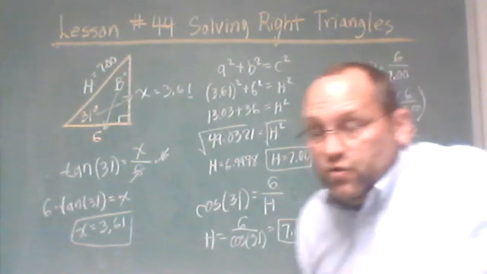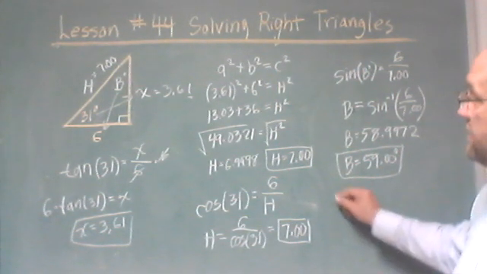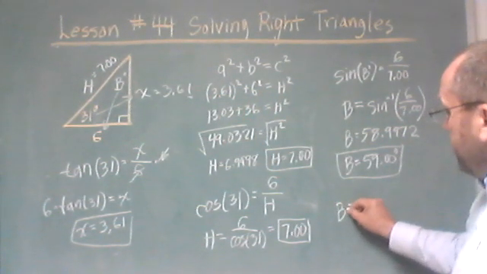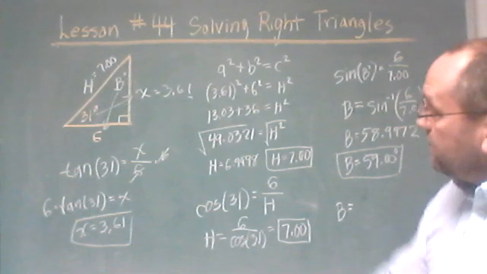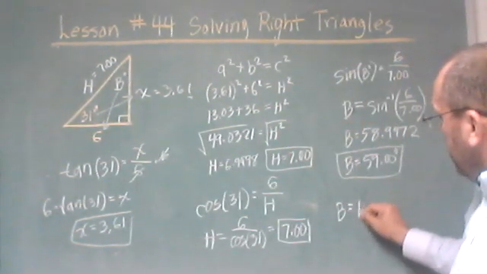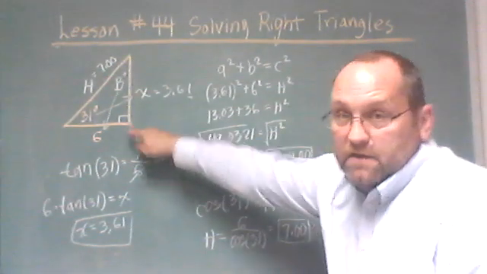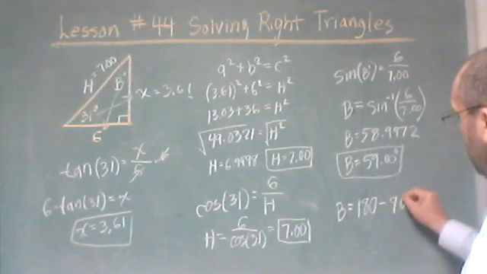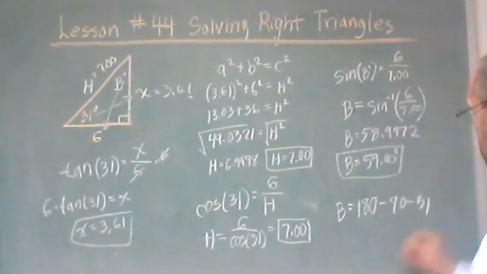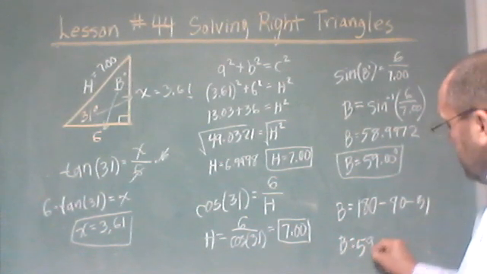Now another tool I could have used, if you so desire, I could say, well, B is simply, since there are 180 degrees in a triangle, I could say B, since I know my other 2 angles, is going to be 180 minus my 90 degree angle minus my angle of 31. Okay, that leaves me with B equals 59 degrees.